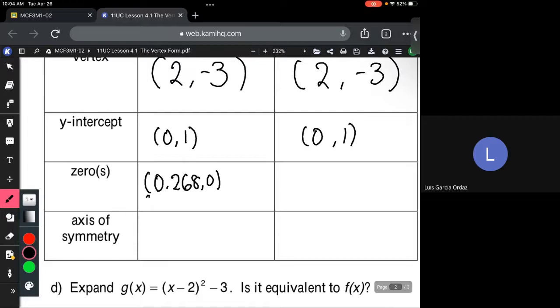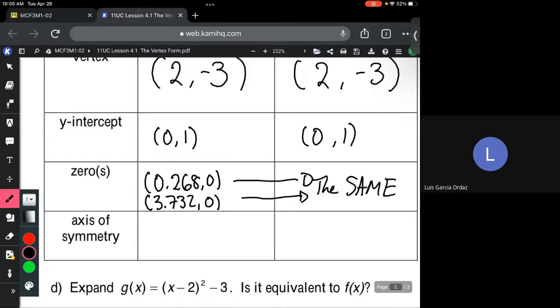So, and then this is going to be the same. And what is my axis of symmetry? Oh, I just plotted it on Desmos. I just entered the equation. And then what's my axis of symmetry, Ashton? X is equal to 2. That's where my graph splits in half.